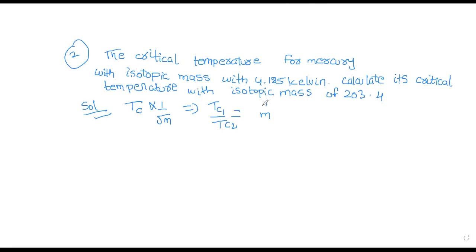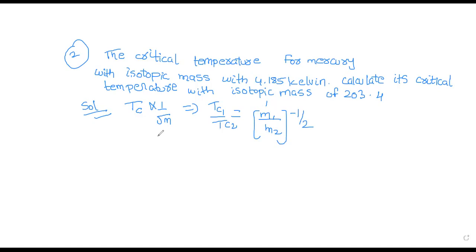I just told you that it is 1 by root m. So it will be m1 by m2 whole to the power of minus 1 by 2, since it is inversely proportional. Now this relation you need to understand, so that we can calculate this value of TC.